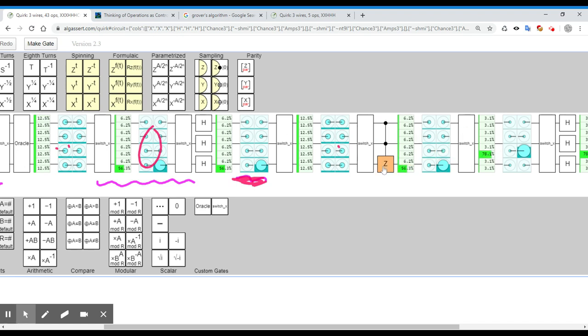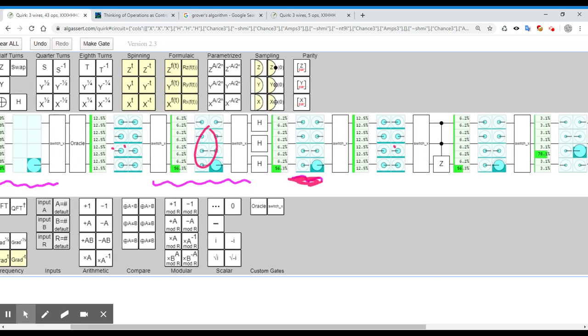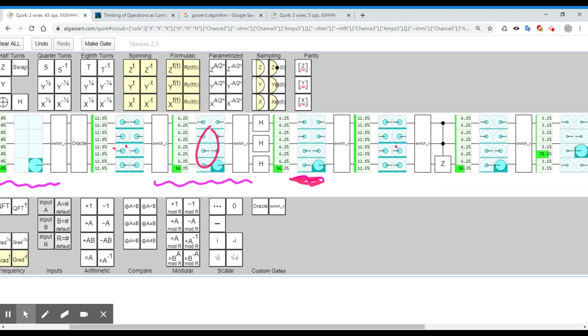After you apply the Z, your Z observable, yeah, it's kind of like it's taken these and it's just flipped that phase. That's all it did.